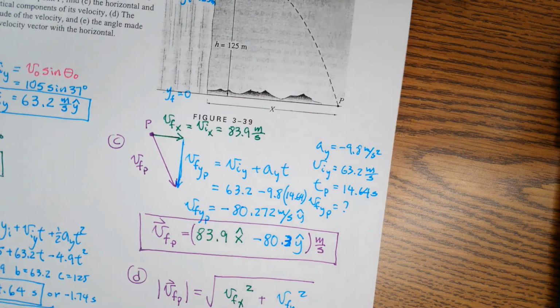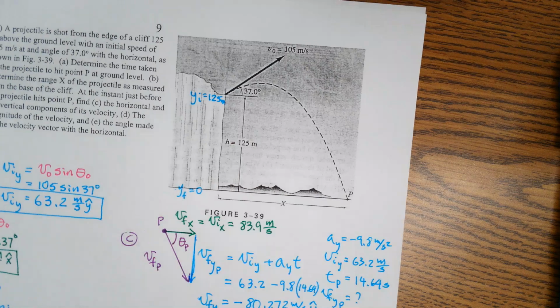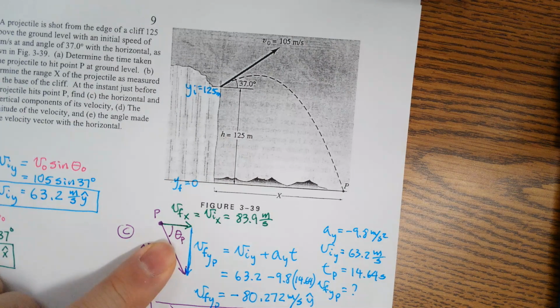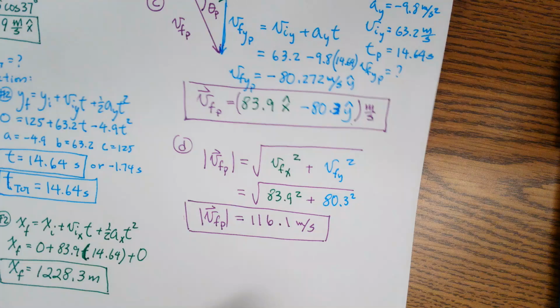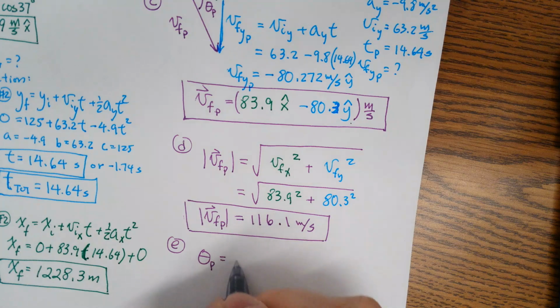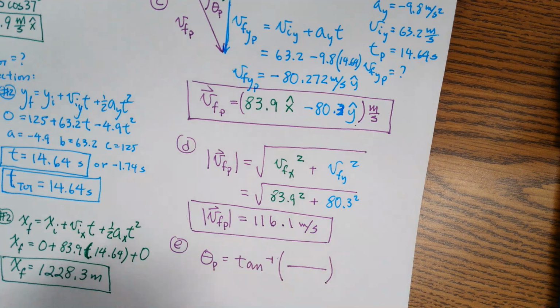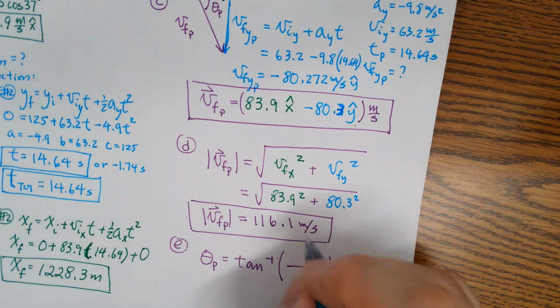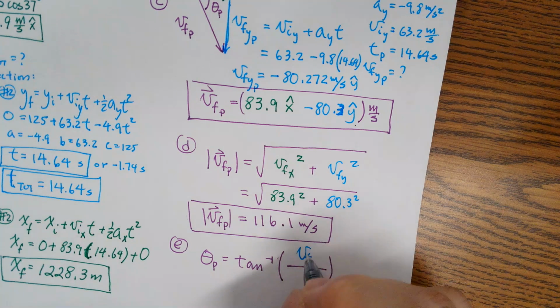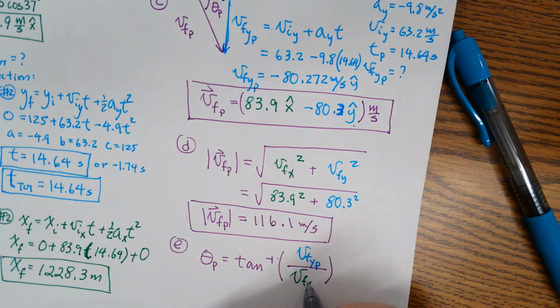And then for part E, they want us to figure out this angle theta P. So for part E, they want us to figure out the angle at point P, and that is simply tan inverse of VFY at point P over VFX.